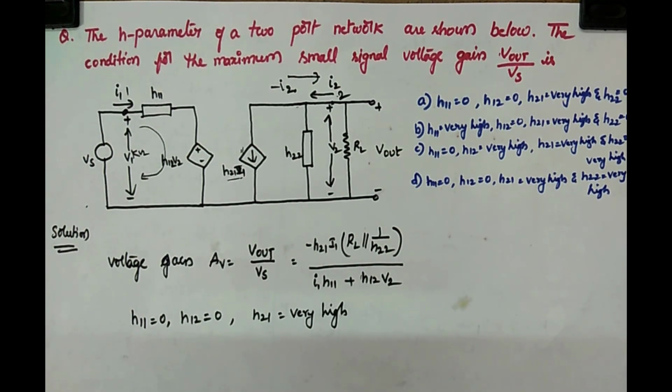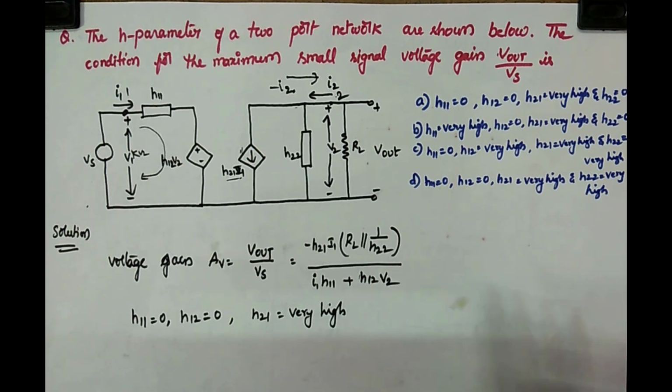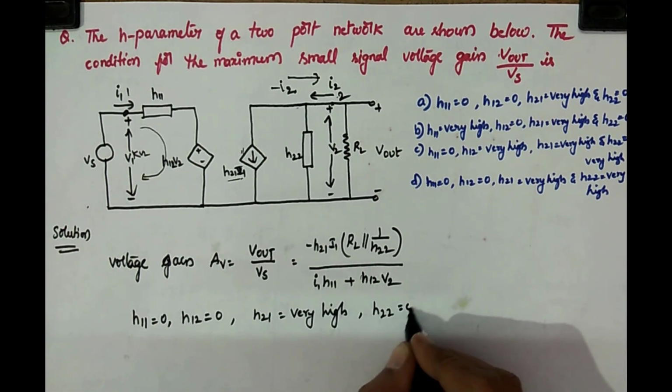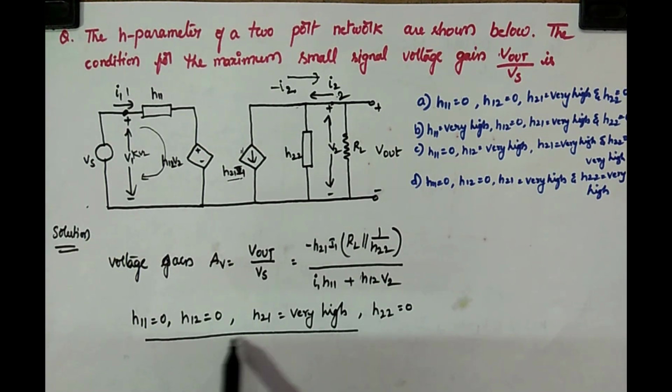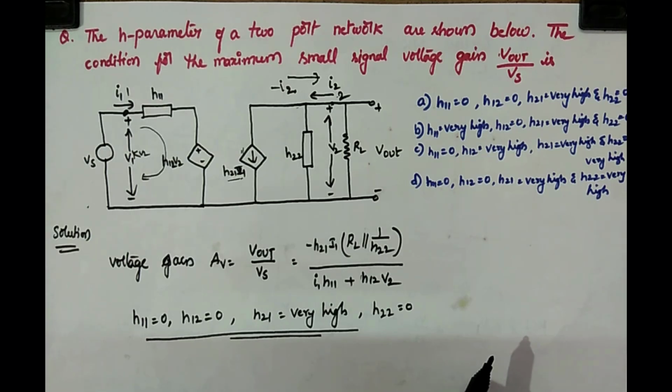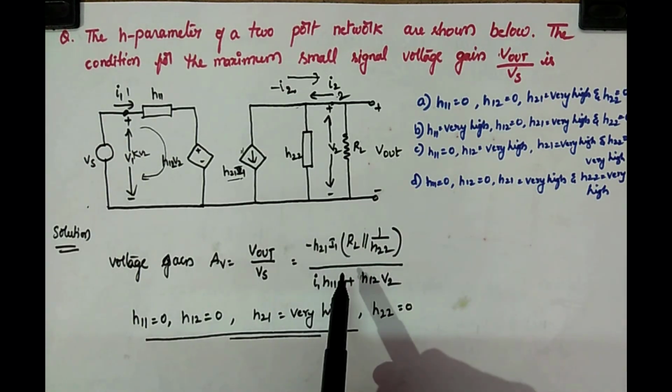And we have another parameter, H22. It is like 1 by H22. Obviously, to have a maximum value here, H22 must be 0. So totally, these are the conditions to get maximum voltage gain. H11 and H12 are 0, then it becomes infinite.